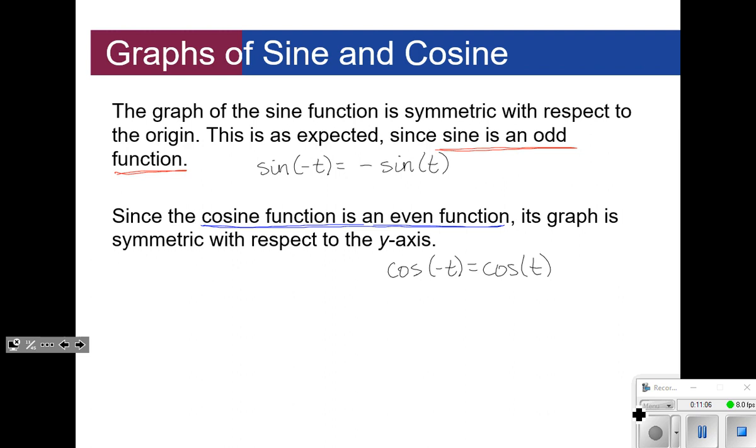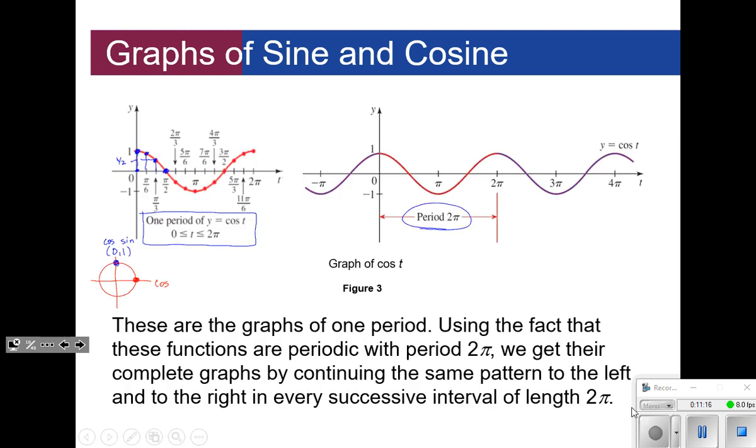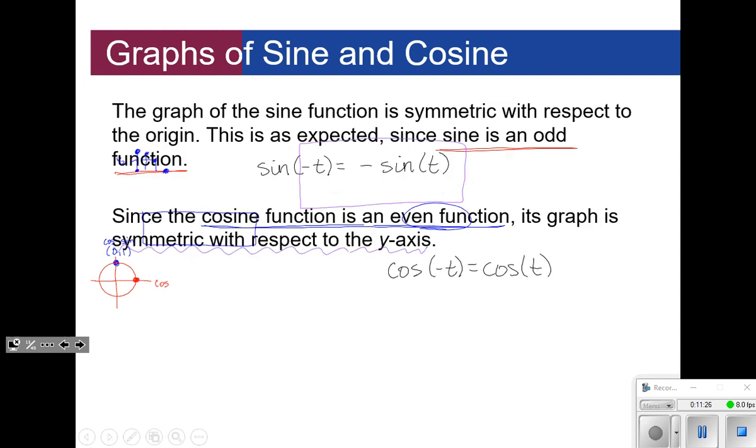Those are symmetric with respect to the y-axis. The cosine function is symmetric with respect to the y-axis. You can see that on the previous graph. Look at this piece, that window right here that I just drew a block around. It is symmetric with respect to the y-axis. Okay, that's what they're talking about. Even functions and odd functions.